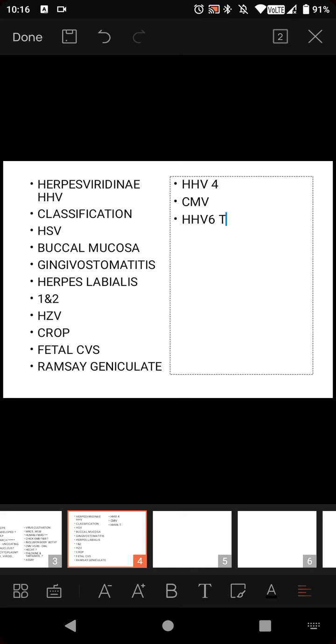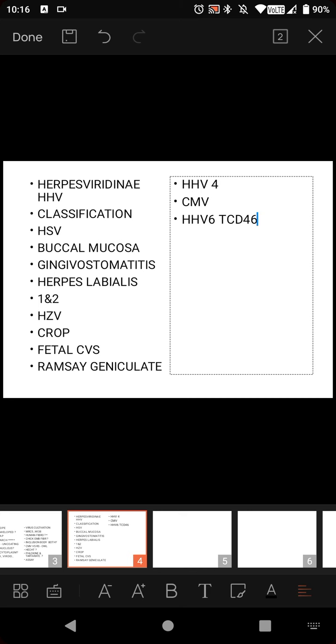First point is T, CD46. Then sixth disease, Roseola infantum, is caused by 6B, most commonly involving children. And the mononucleosis-like syndrome, I already said: HHV5 and HHV6 both cause mononucleosis-like symptoms. And human herpes virus 7 is not of significance.